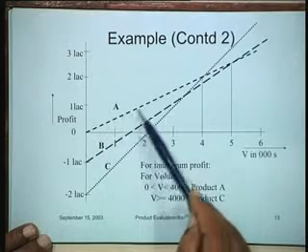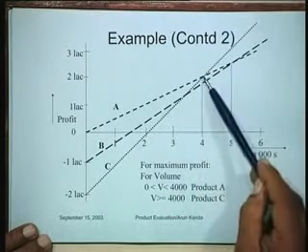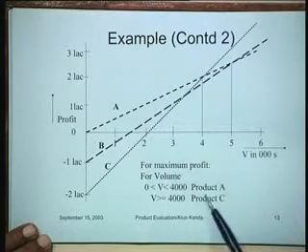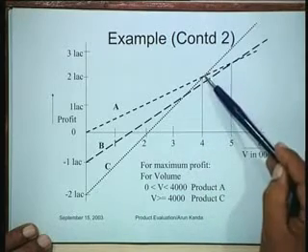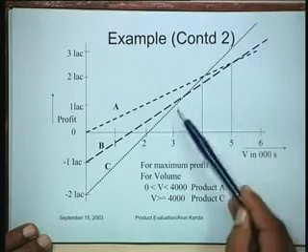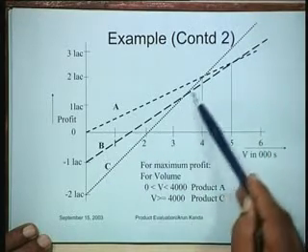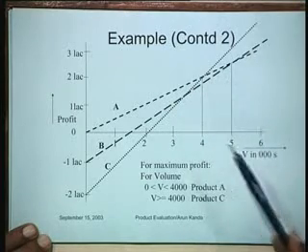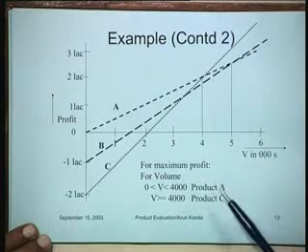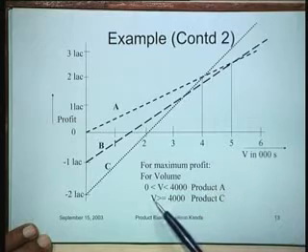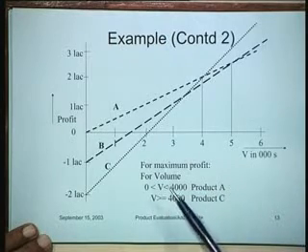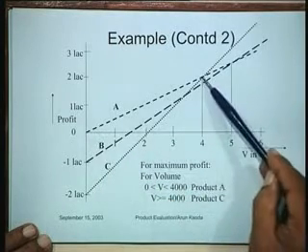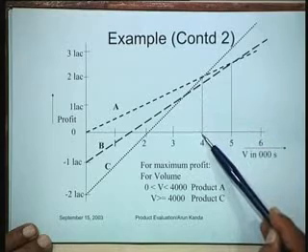It has the highest profit as compared to the others up to 4,000, and beyond 4,000 the best is going for product C. And as far as product B is concerned, it is being dominated by either A or C, as the case may be. So product A will yield a maximum profit if we go up to 4,000.